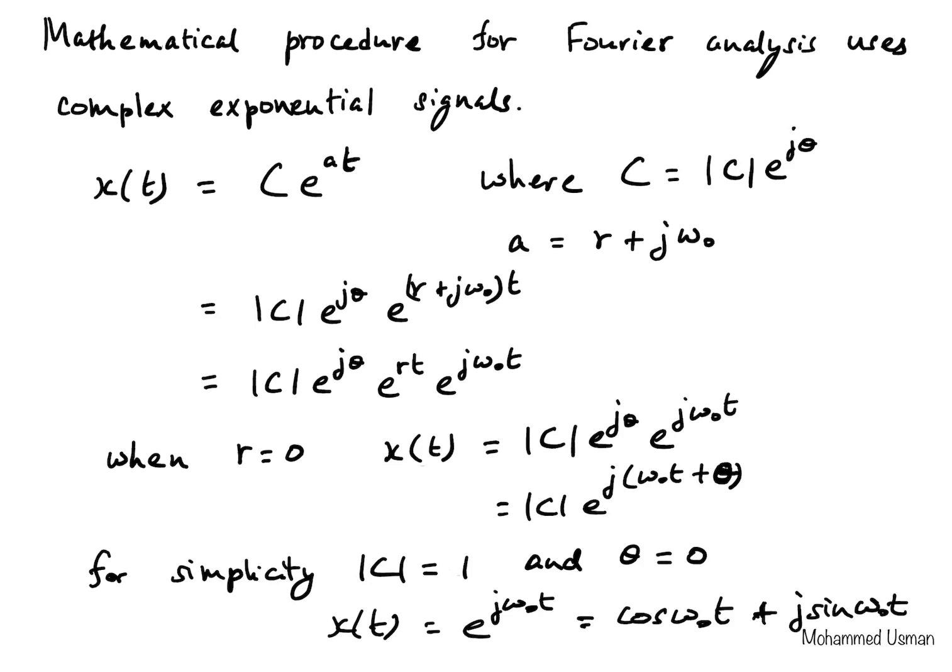An important property that we mentioned is that e power j omega naught t is a periodic signal. Since it is periodic, we can use the Fourier series to transform it to the frequency domain. Similarly, its complex conjugate, e power minus j omega naught t, is also a periodic signal.